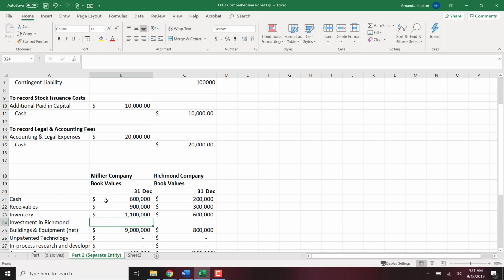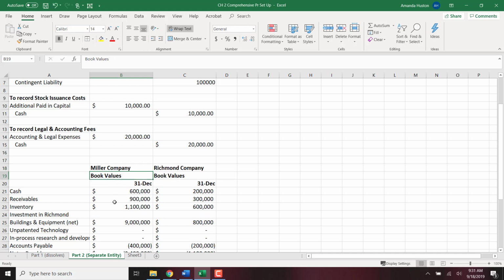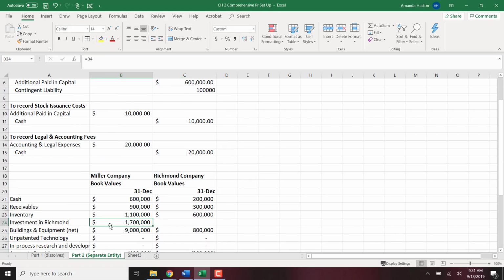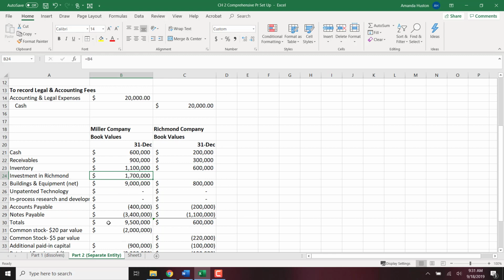And this is going to go on Miller's books. I made a typo here. So our investment in Richmond is going to be 1,700,000. And we are going to increase our common stock because remember, we issued common stock.